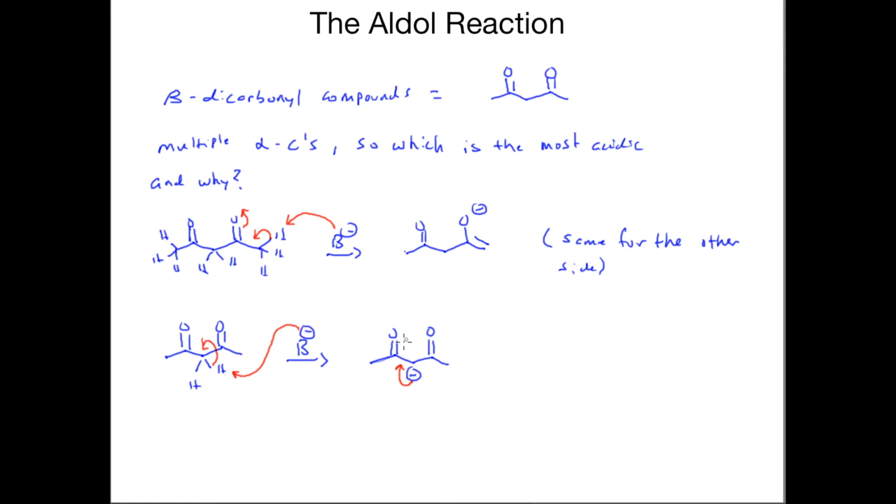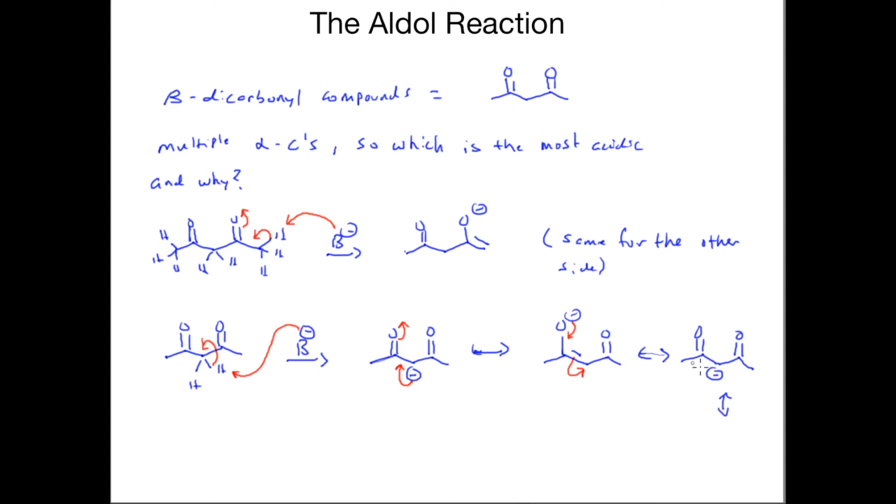Then this can kick back down, and I can reform the other enolate on the other side. But first, I have to go through the intermediate where I go back to the middle. There's that one right there in the middle. Now I can go on the other side, so I've got two possibilities. Now I've got two different resonance structures.